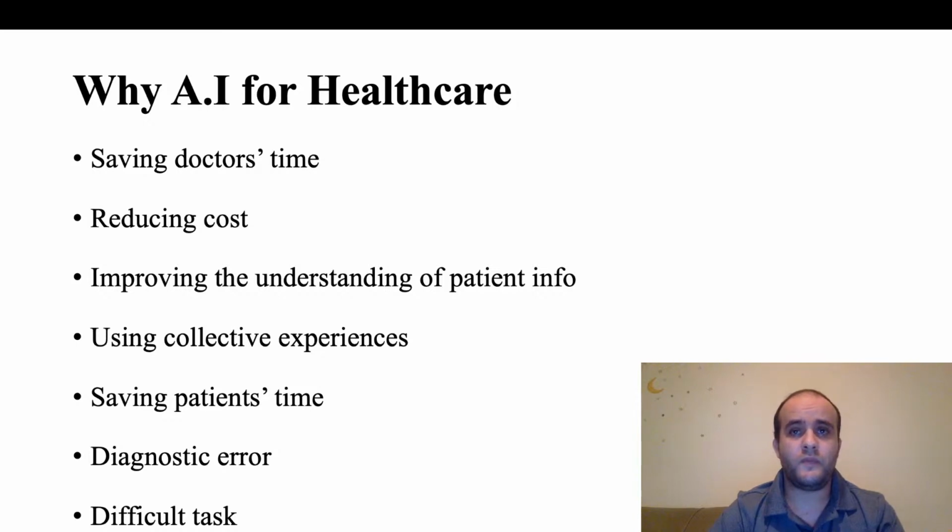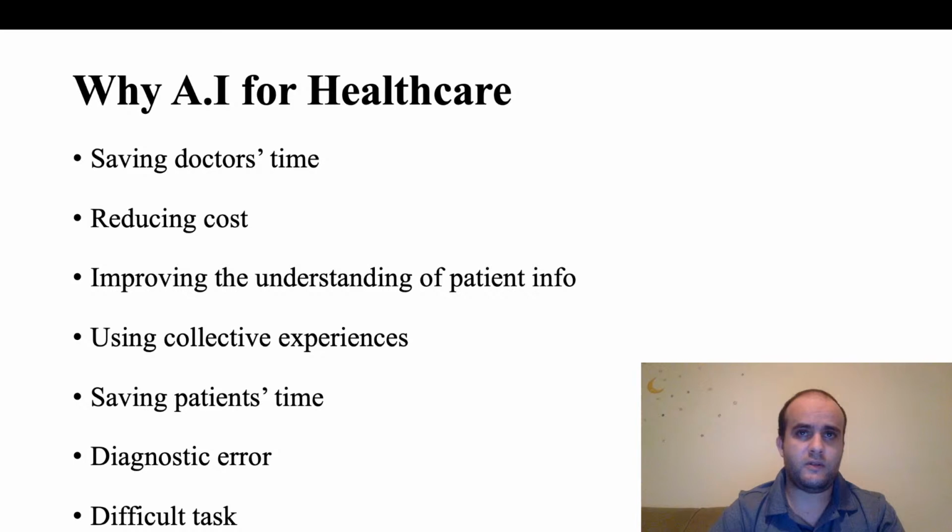When you're visiting a doctor next time, he doesn't need to go through a lot of text that has been written by a nurse or another caregiver. He will have only the significant information that he needs to read before he meets the patient, which is one of the significant parts of applying AI for healthcare: saving doctor time.